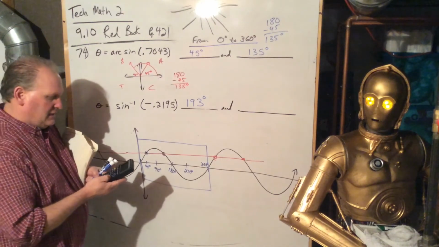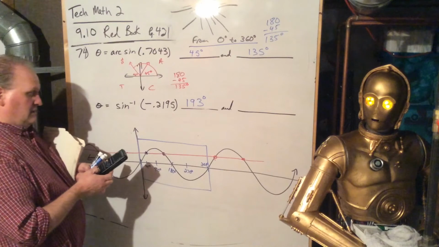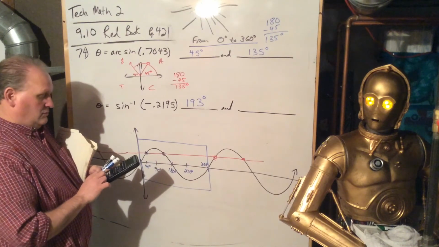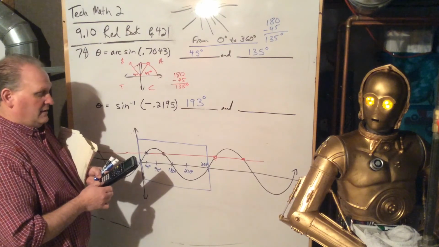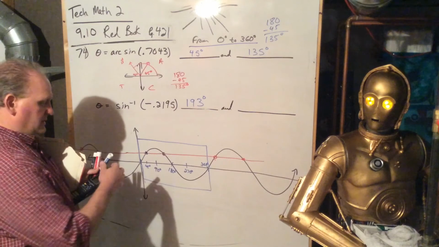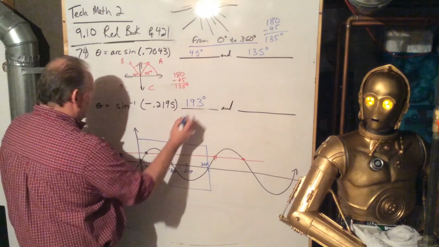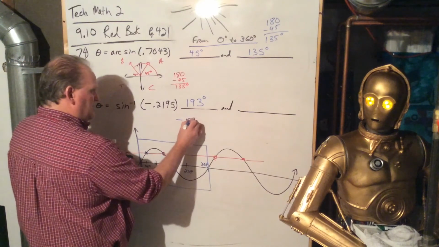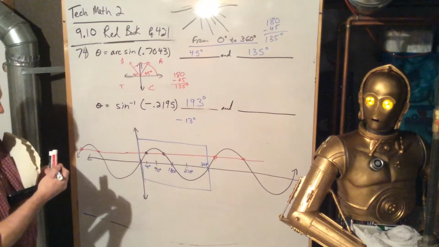If I take the arc sine of negative 0.2195, it actually kicks out negative 13 degrees, 12 point. So that doesn't tell me 193, it tells me negative 13 degrees. So now how did I get 193?